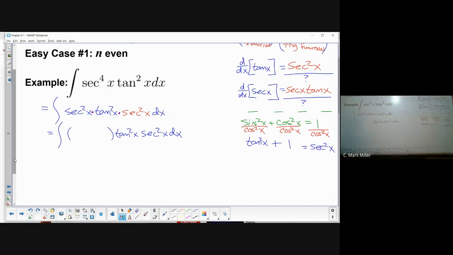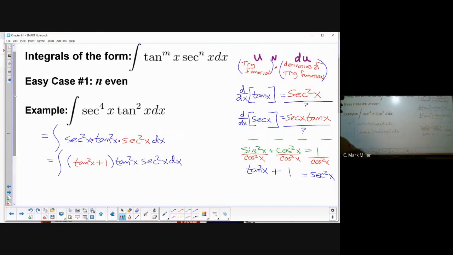So over here, you see what's going to happen? These are going to multiply into all tangents to different powers, all multiplied by secant squared, which is the derivative of tangent. So what do I have? I have tangent to a bunch of powers, all times secant squared.